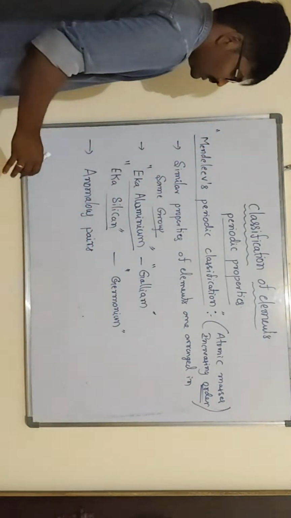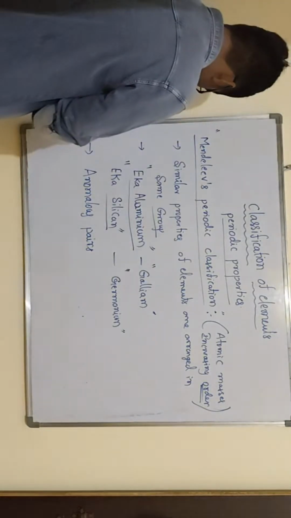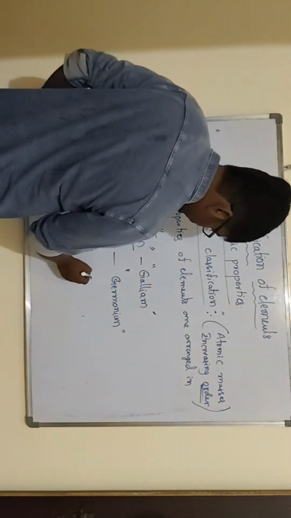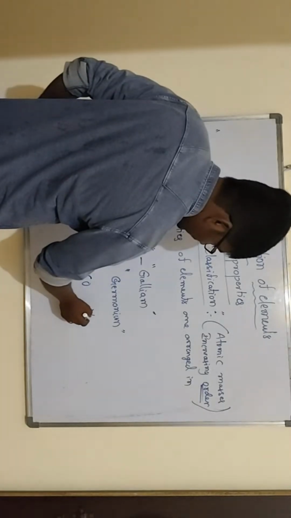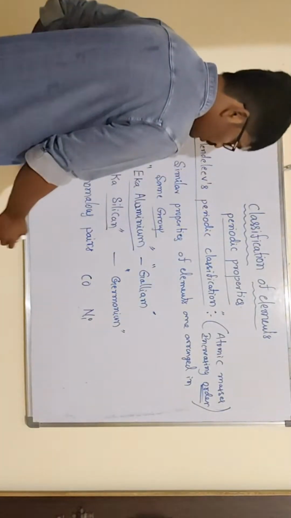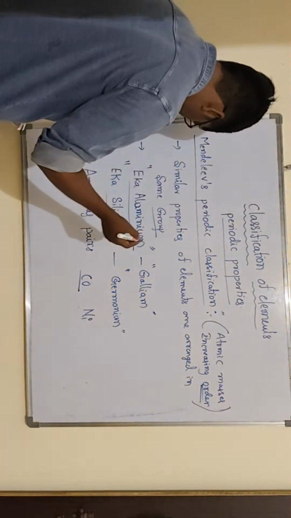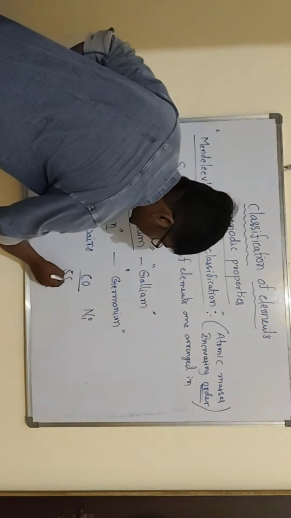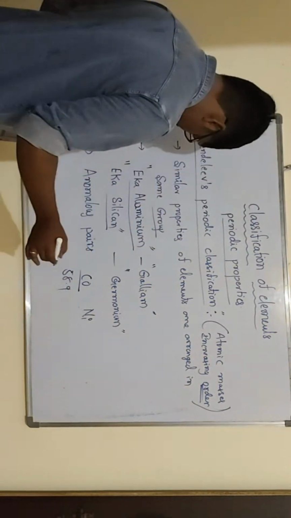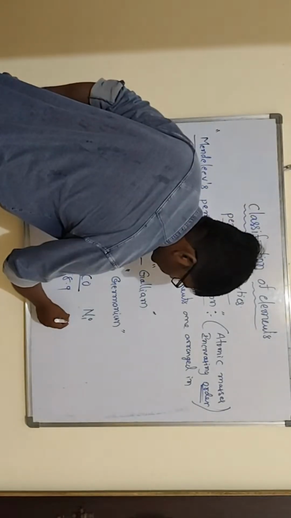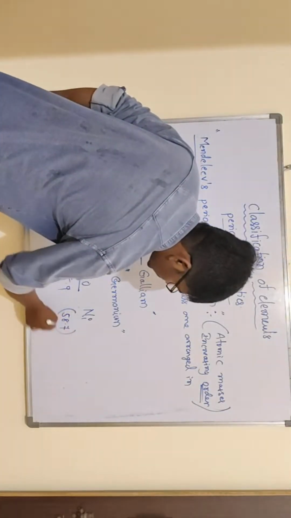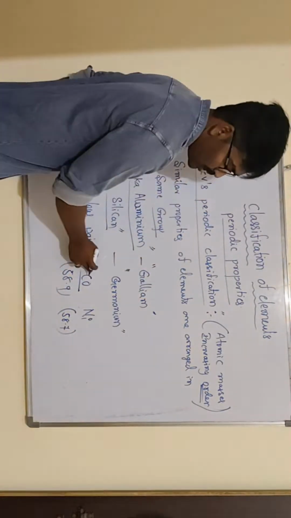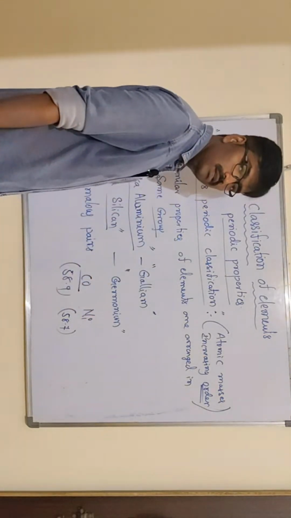So what are the anomalous pairs? If you take cobalt and nickel, it is arranged like this. The cobalt atomic mass is 58.9, then nickel is 58.7. Remember, my dear students, cobalt is arranged first, then nickel.